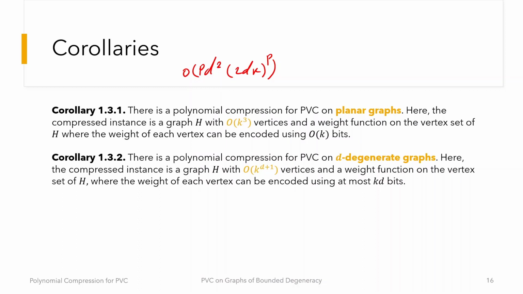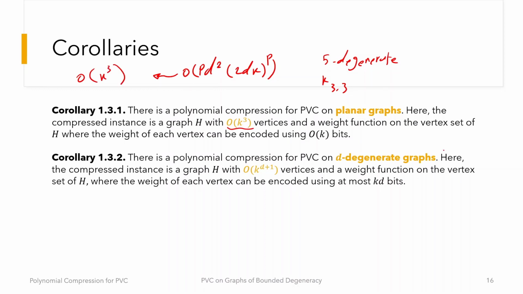So the theorem gives us two corollaries. The first one is for planar graphs. Planar graphs are 5-degenerate, and also they do not contain any K_{3,3}. So this would give us O(K^3).